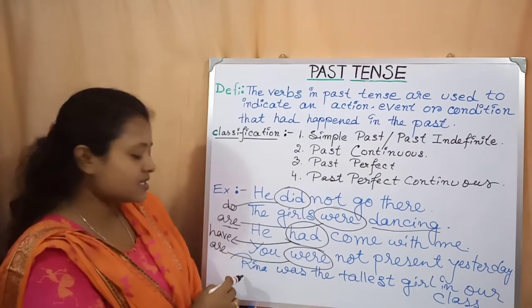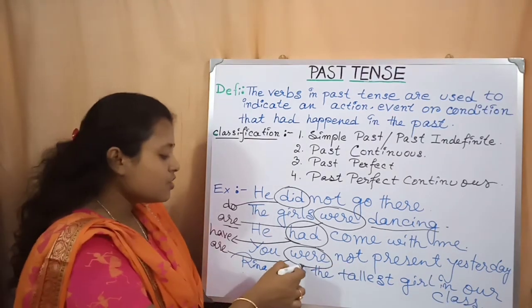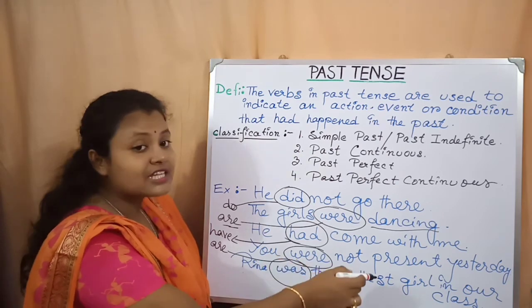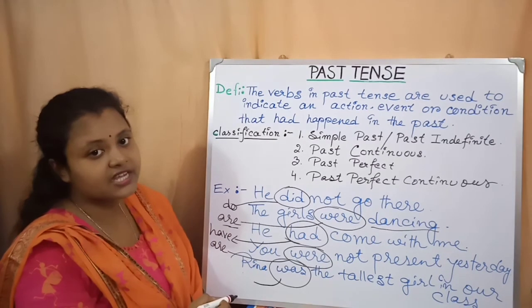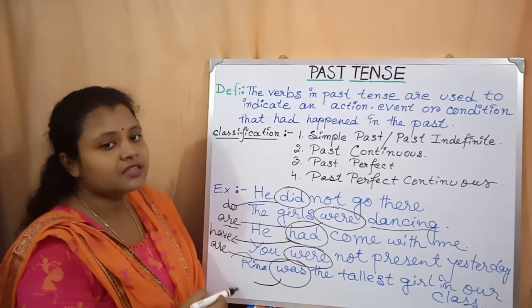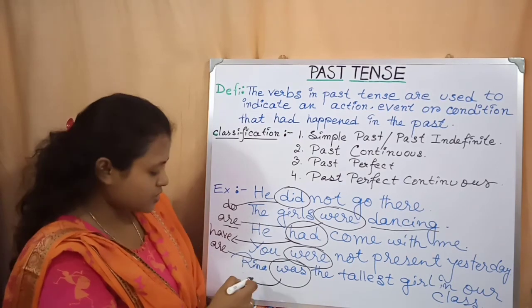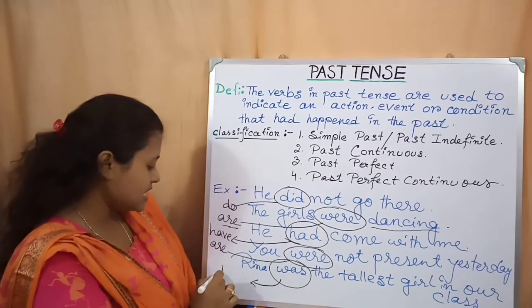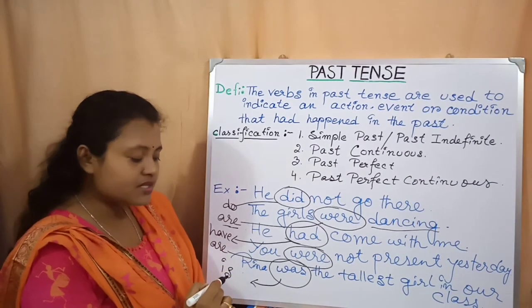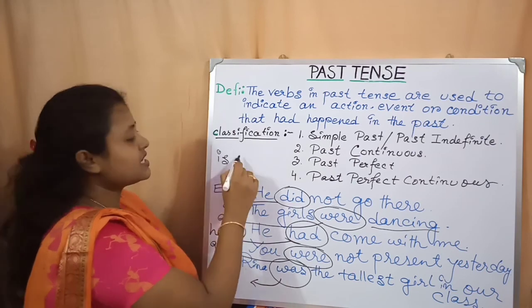Now come to the last sentence. Reena was the tallest girl in our class. Here was is the auxiliary verb and this auxiliary verb is also written in the past tense. So that is why it is also an example of past tense. What is the present tense of the to be verb of this auxiliary verb? Is. Okay, students? So is the present tense.